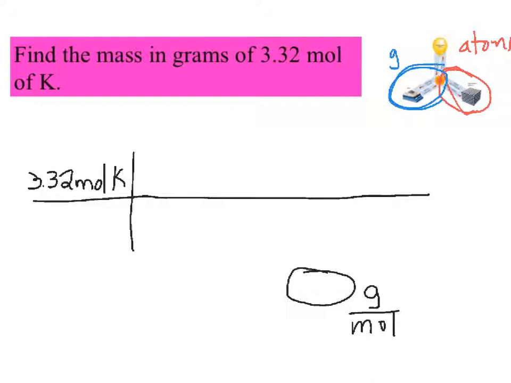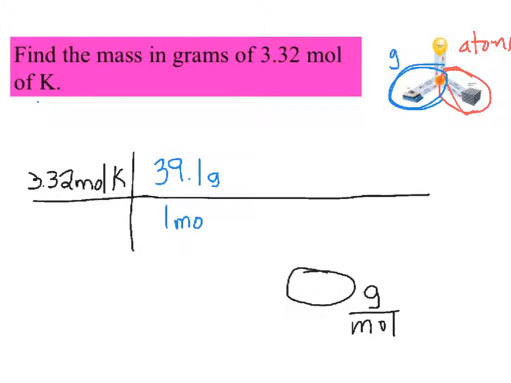So how am I going to put this into the T-chart here? Well, it's going to go something like this. We are going to take the mass of potassium, which is 39.1, and we took that straight off the periodic table. So it's going to be 39.1 grams per every 1 mole.